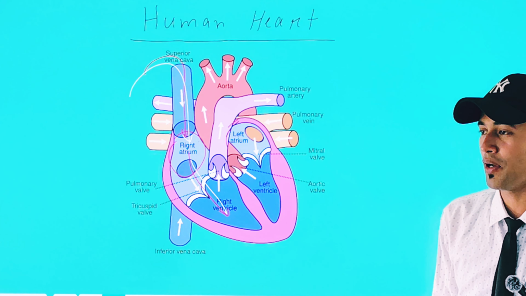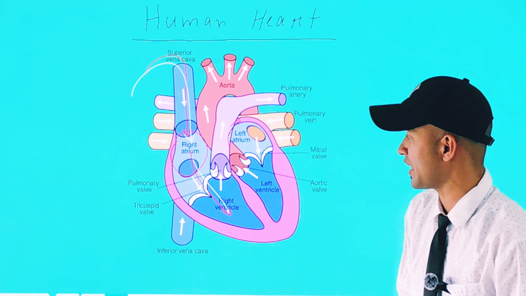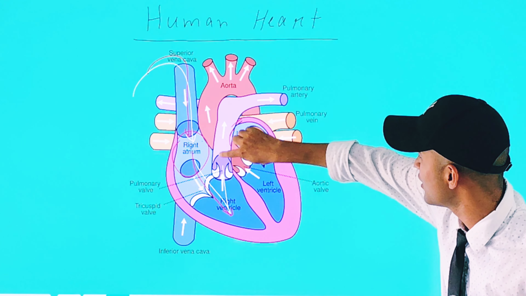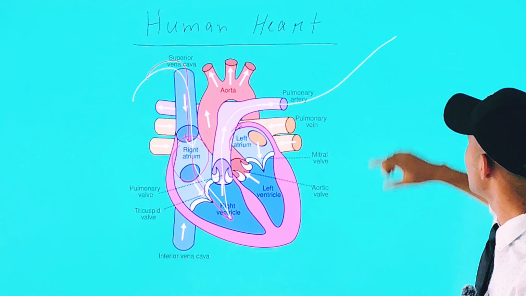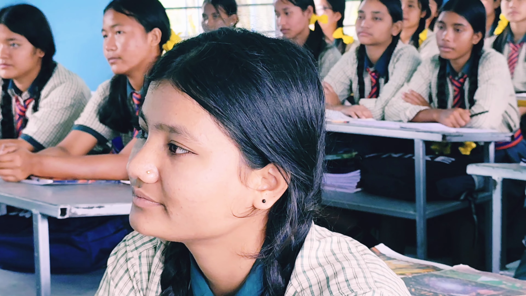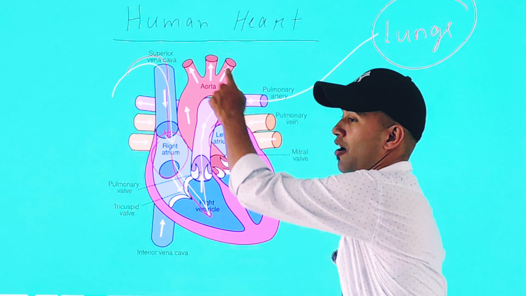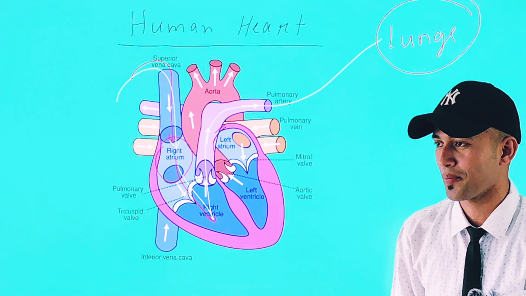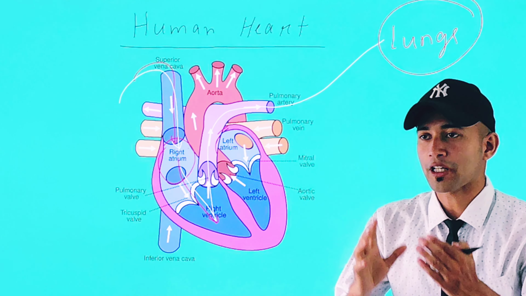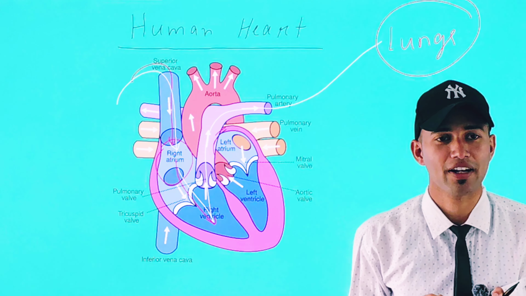Now the right ventricle will pump the deoxygenated blood to the lungs. Why? Because the blood that is coming from our body is deoxygenated blood. But for the production of energy we need what?